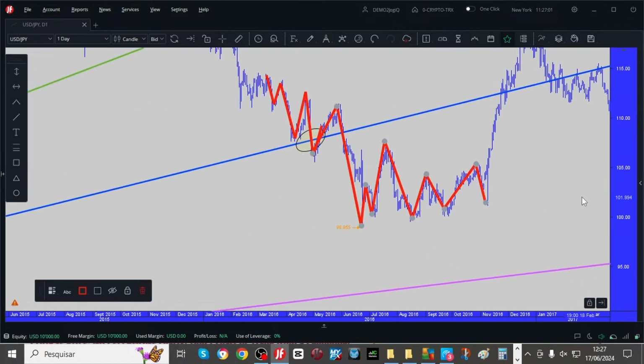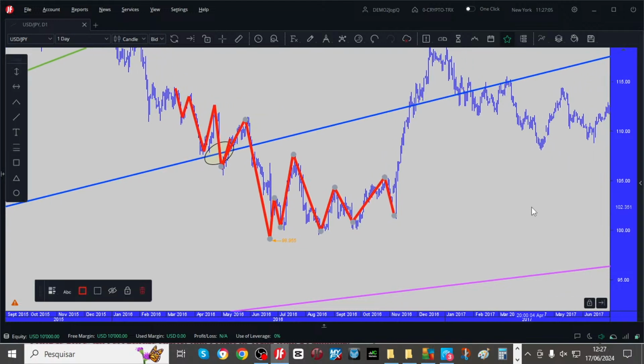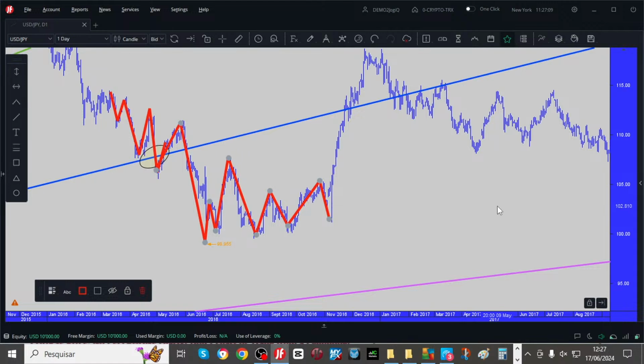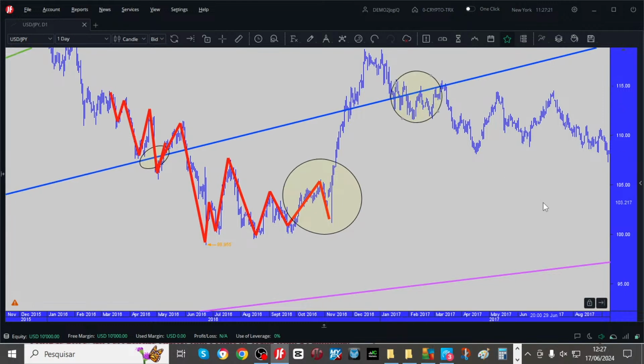So this is still the daily chart. It's up and down, up and down, up and down. All right. Now, if you would short the market in here, and then it broke here again, right?